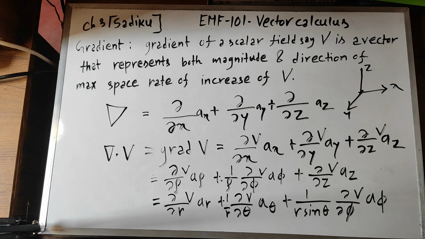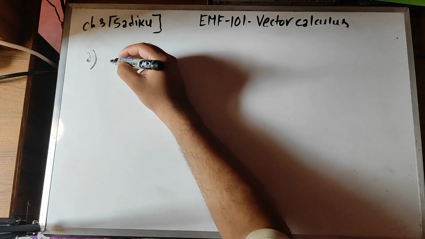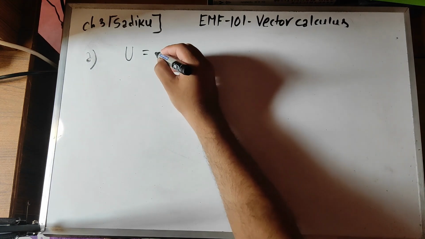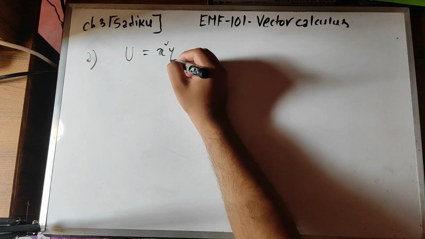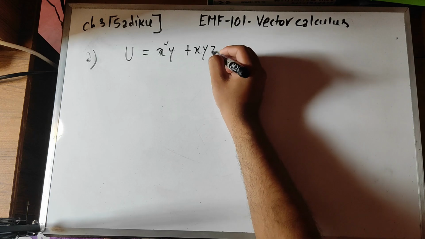Now we're gonna go straight to solving the problem. Question A was to find the gradient of U. U is x square y plus xyz.